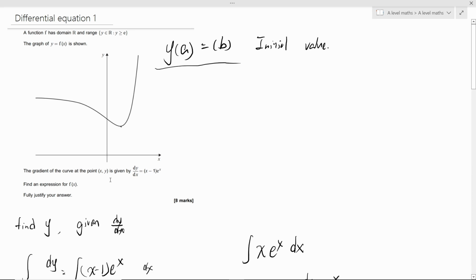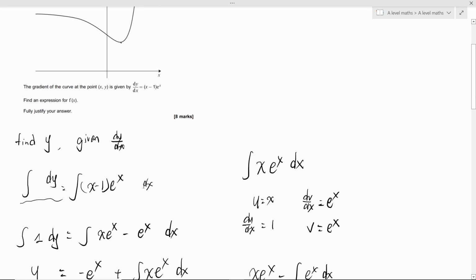So let's just look back and summarize this question. The starting point is easy, okay? We find a general equation for this type of differential equation starting from here, which is not too difficult. I mean, e^x is the easiest function that you can ever integrate or differentiate. And you must have encountered it so many times that the moment you see it, you know you're going to integrate by parts.